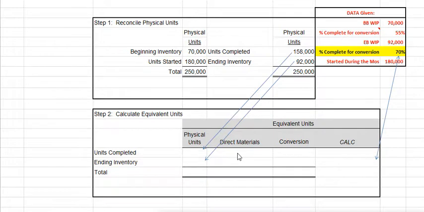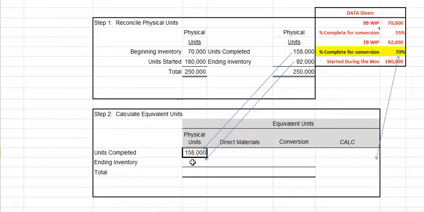Okay, so if we look at the data given, this is in a report format. This was our initial step 1. So now we're going to use this data given, the ending inventory, as it said in the initial instructions for step 2. You're going to bring down your ending inventory.